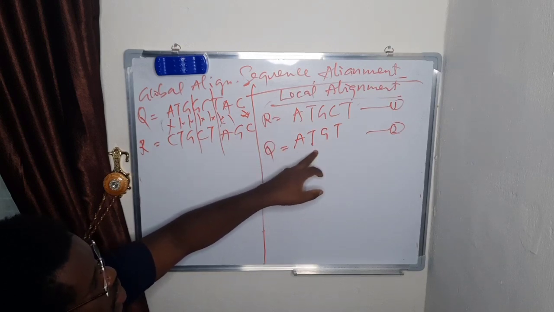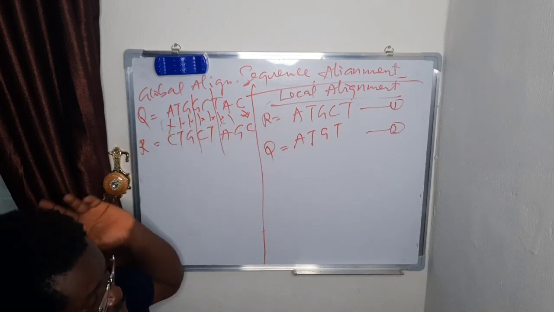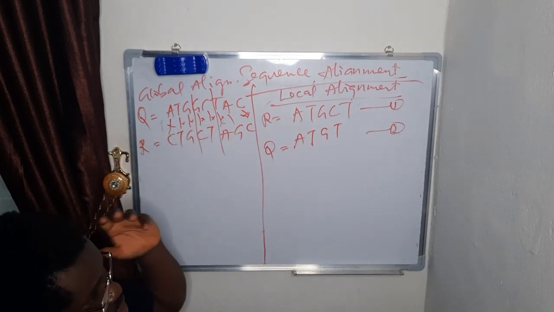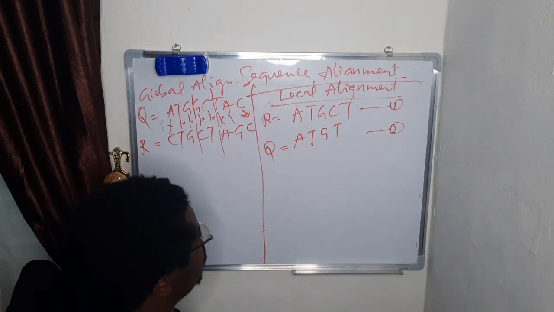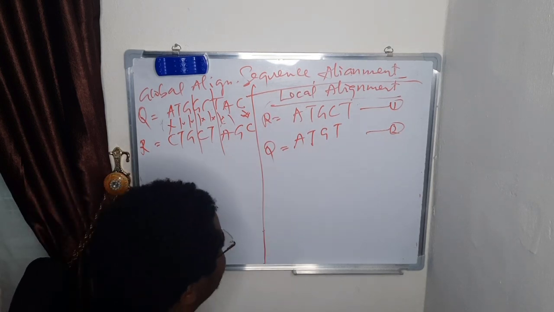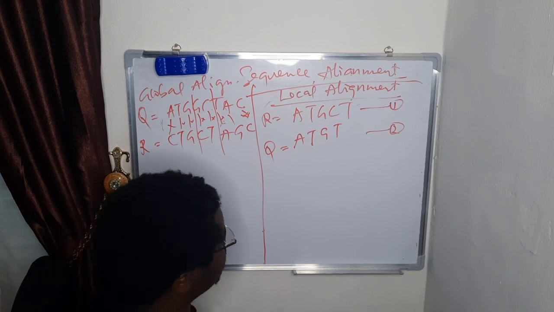So that is why local alignment is more advantageous than global alignment, for under global alignment, the two sequences must be of the same length. One will say you can solve this particular problem, generating the best possible match.